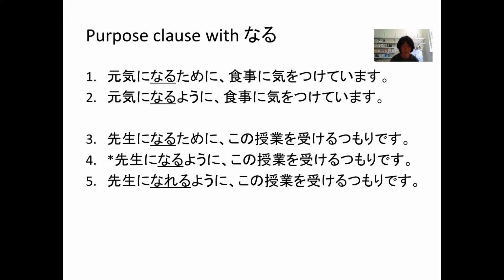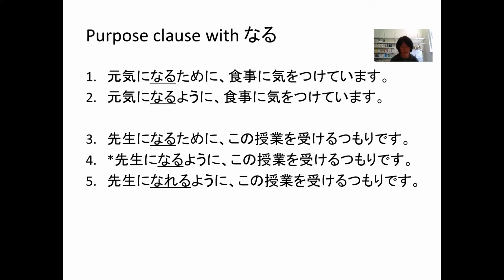First, compare sentences 1 and 2. In both sentences, the verb naru is accepted before tame ni and yoni. Sentence 1 means, I pay attention to what I eat so that I'll be healthy. Sentence 2 means almost the same thing as sentence 1.